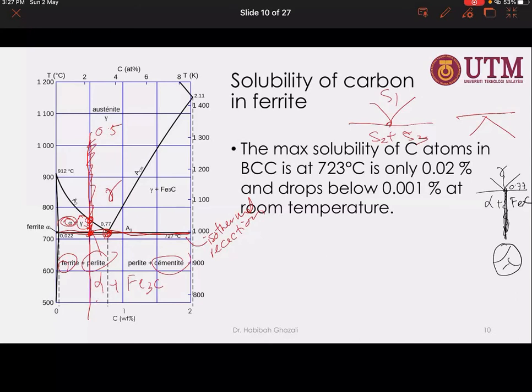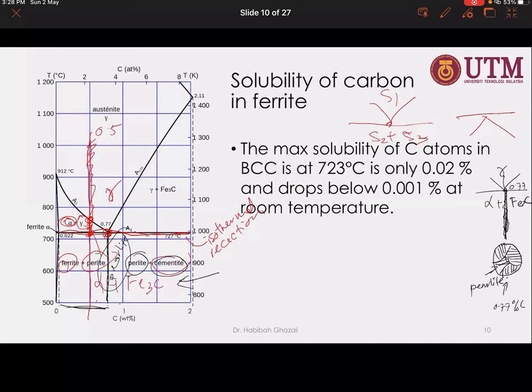It is a lamellar structure. 100% lamellar structure. This lamellar structure at exactly 0.77% carbon, we call it pearlite. So that's the reason you get pearlite here. In this hypereutectoid region, you get pearlite plus cementite, because cementite is coming from the right side.